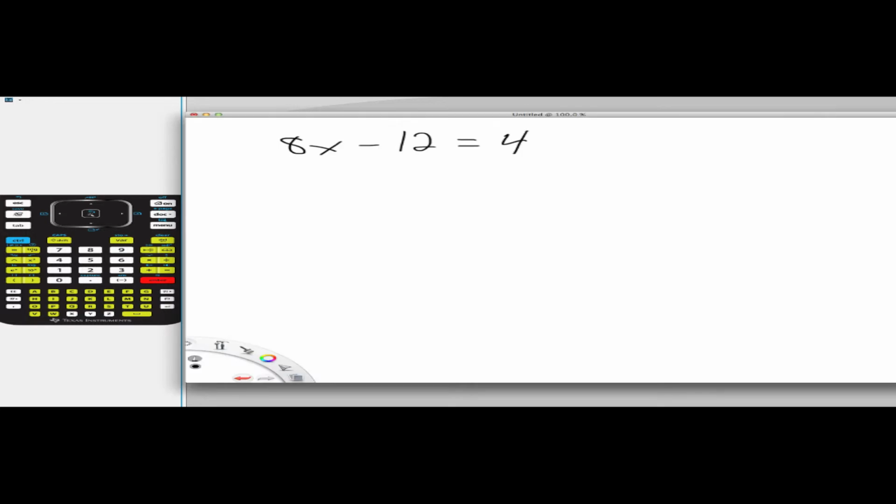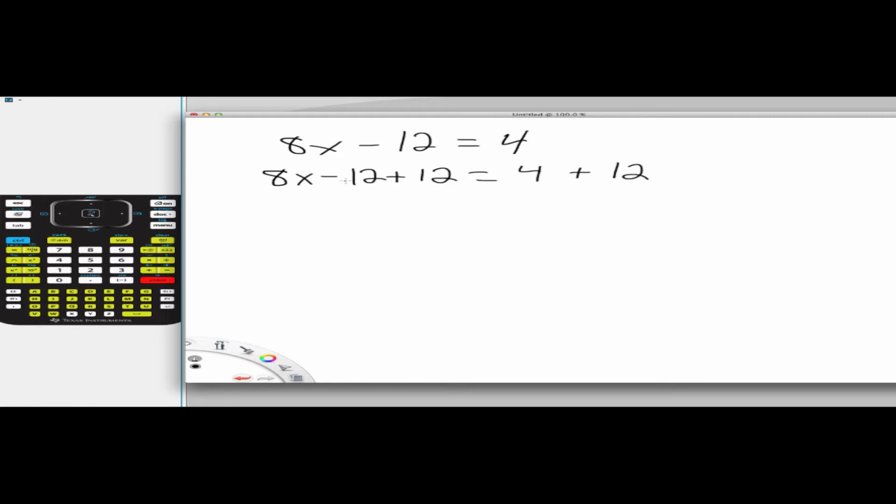Let's take a look here in our handwritten one. So we had a minus 12. We're going to add 12 to both sides of the equation. So that means we're going to have 8x minus 12 plus 12 equals 4 plus 12. And minus 12 plus 12, these are opposites, right?